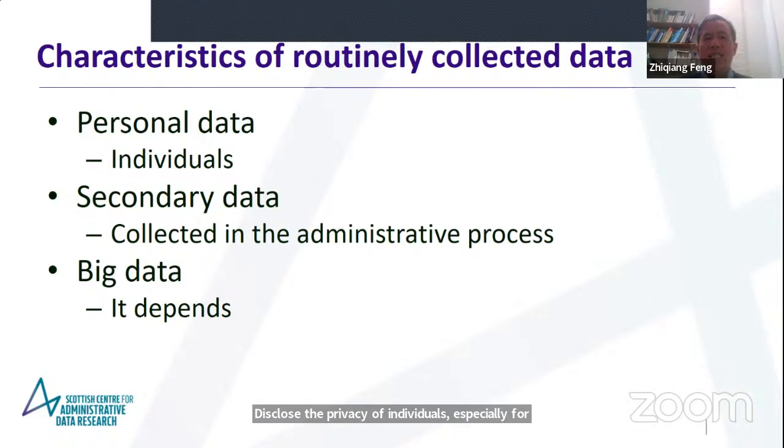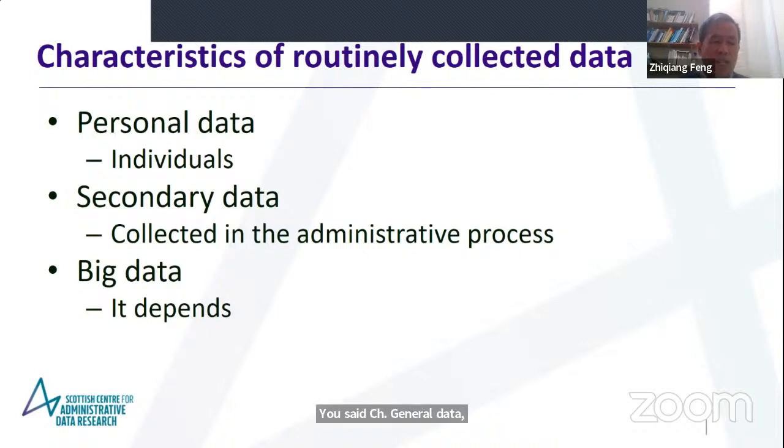These are medical records and highly sensitive. So in the UK, there is a legal regulation called GDPR, the General Data Protection Regulation.